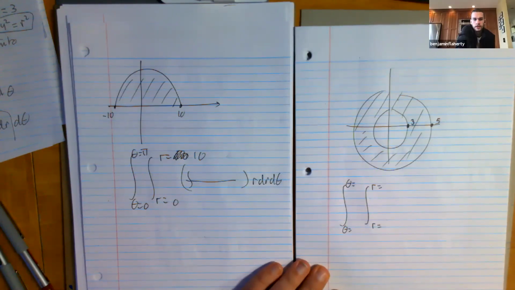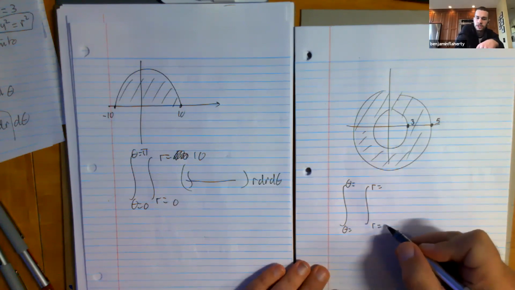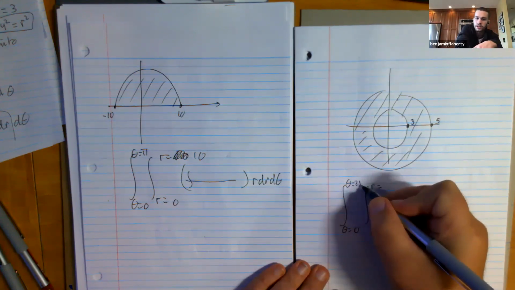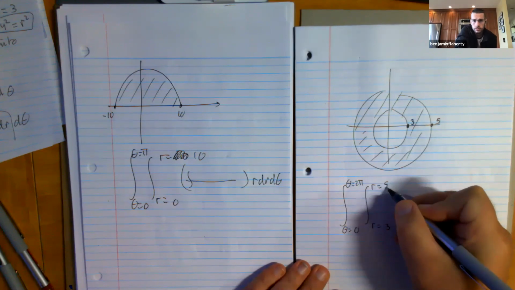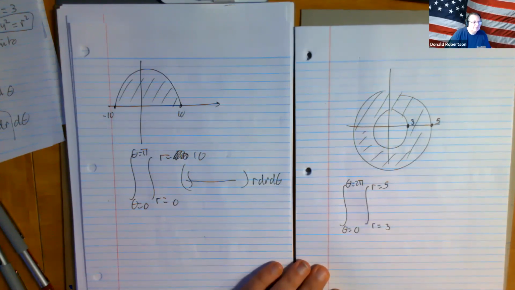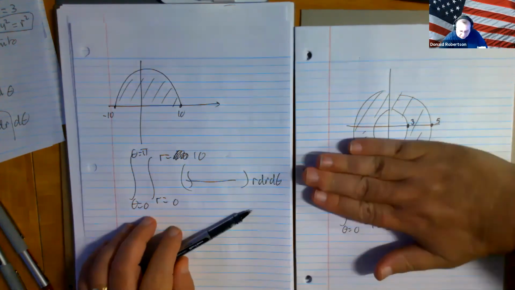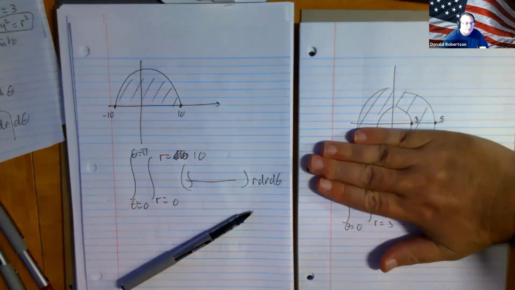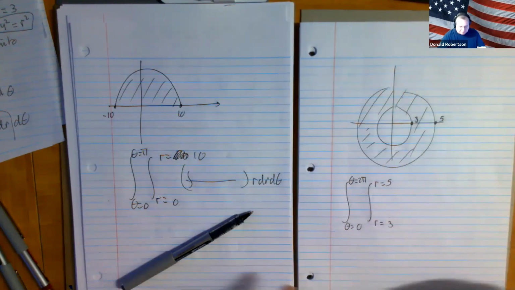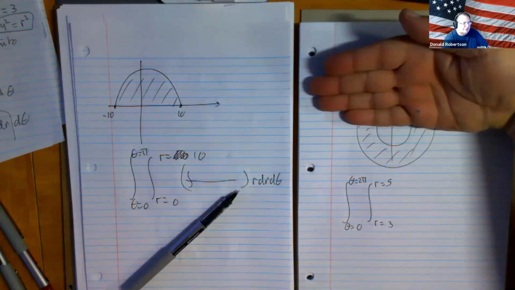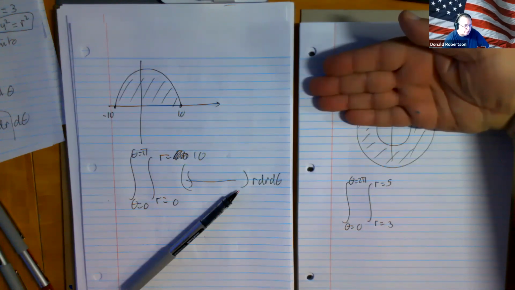Wouldn't that be theta from 0 to 2 pi and then radius from 3 to 5? And it would be, yes. And if it was only the top half, wouldn't you just change that to 0 to pi? Suppose it was the bottom half, because that could happen. Theta equals pi to 2 pi.